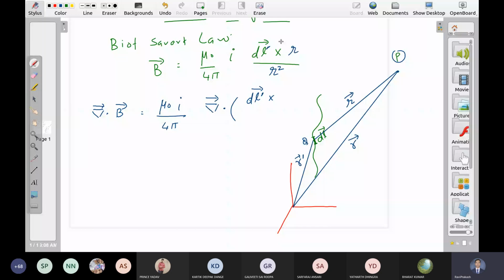I'm just renaming the things to make it easy. So everything which is on the object, meaning this wire, the coordinates are prime: if it is location then it is r prime, if it is the length of the wire then it is l, just names. The points which are in free space, they are unprime. Okay, something like this.